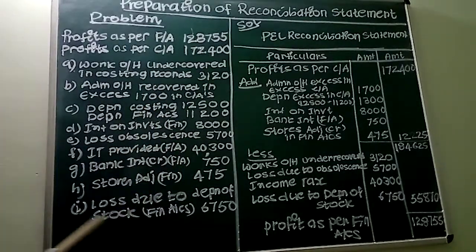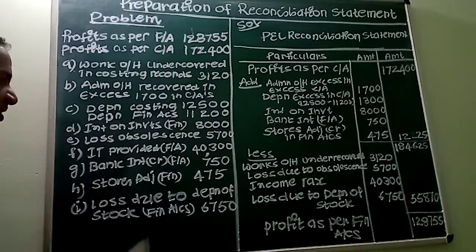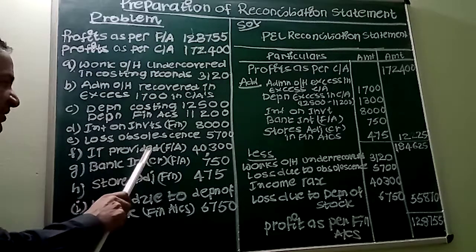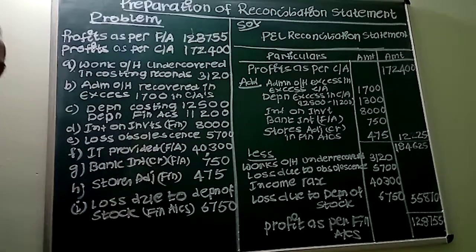Again, I will repeat. Anything which results in the decrease in the profits in financial accounts must be deducted. When you charge income tax in financial accounts, definitely it reduces your profit in financial accounts, so you must deduct this. Then bank interest, credit. Credit means plus.